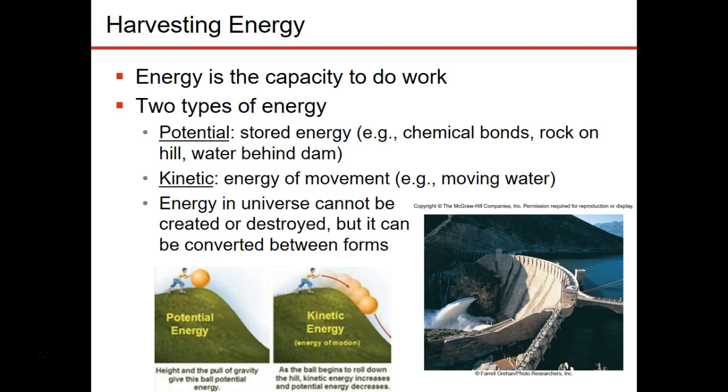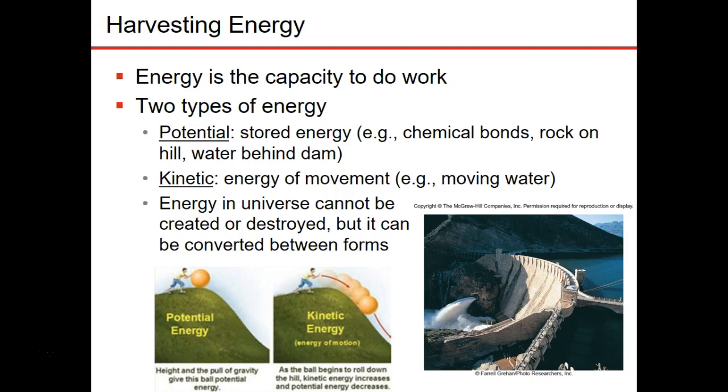So if you're right now drinking a cup of coffee or if you're enjoying a snack, the energy within the food or drink is stored energy, and it's going to be found in chemical bonds of the carbohydrates or the proteins that you're having. When those bonds are broken and we release that energy, it changes to kinetic energy.